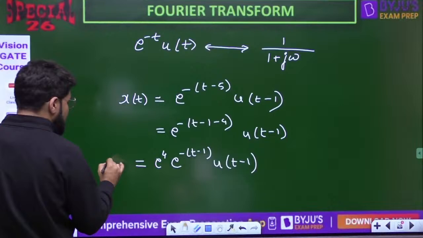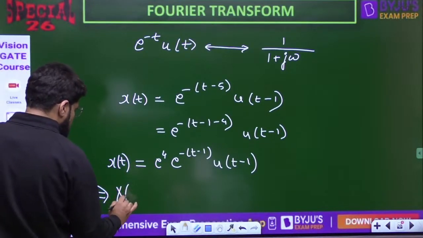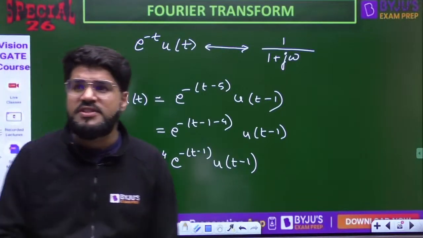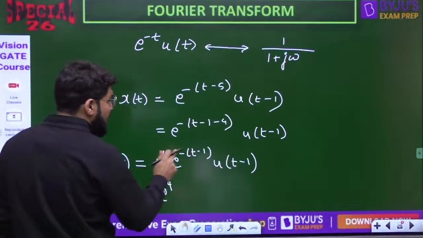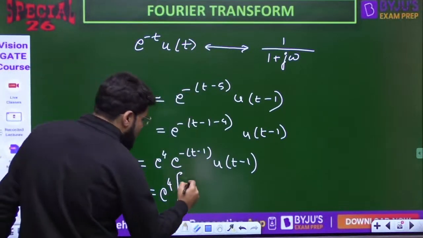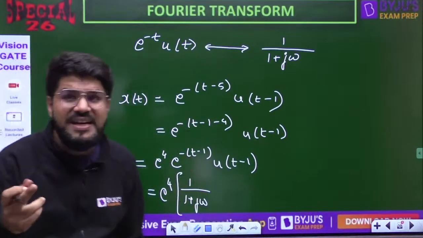Now can I write down the answer? If this is x(t), what is the Fourier transform? Look, dear, e power 4 is a constant. If the signal is multiplied by a constant, the Fourier transform is also multiplied by it. We know the Fourier transform for e power minus t u(t) is 1 upon 1 plus j omega. But I have t minus 1, a right shift.